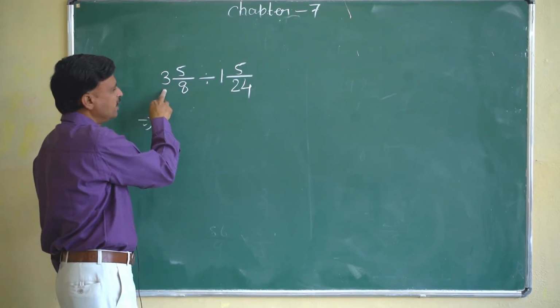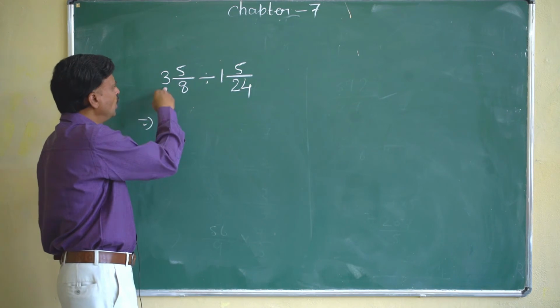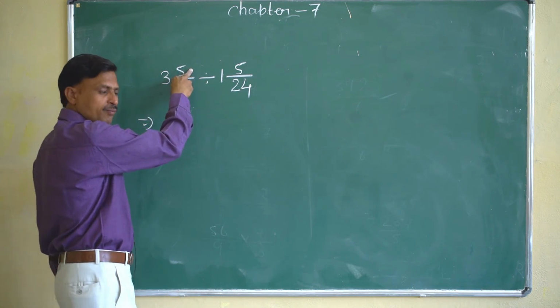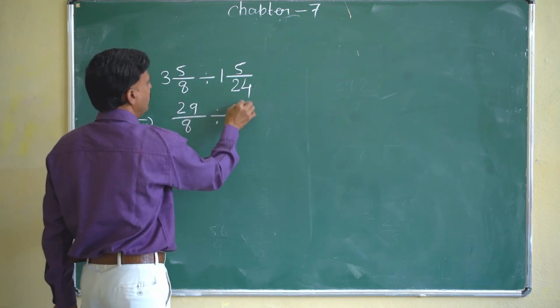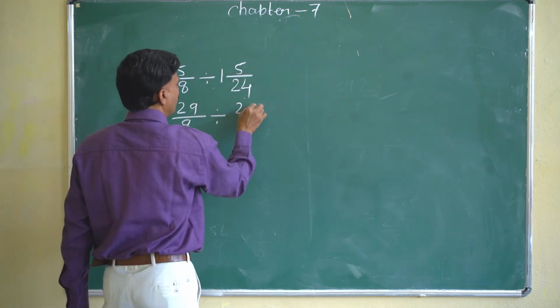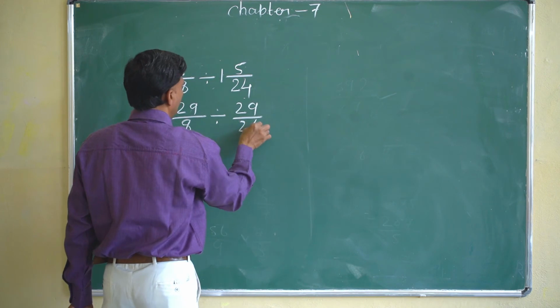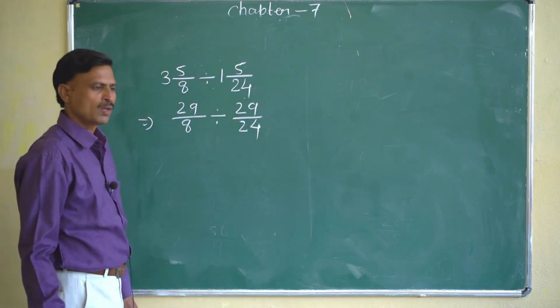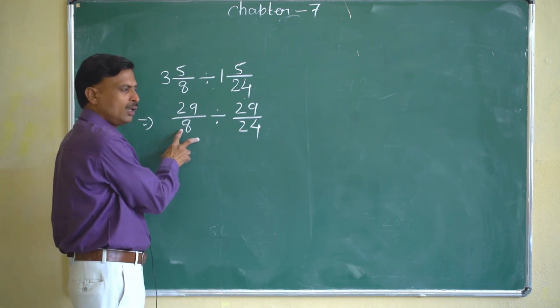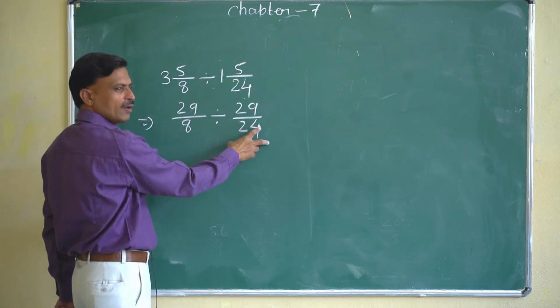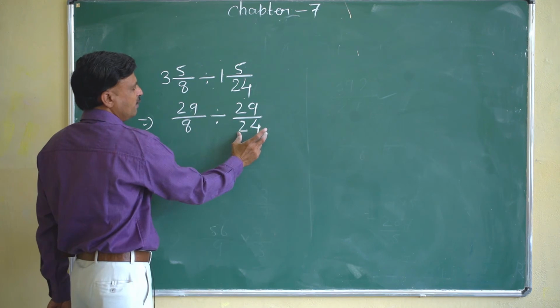So it will be 8 into 3, that is 24, 24 plus 5, that is 29 upon 8, divided by 24 plus 5, that is also 29 upon 24. Got it? Now from mixed we have converted to improper.